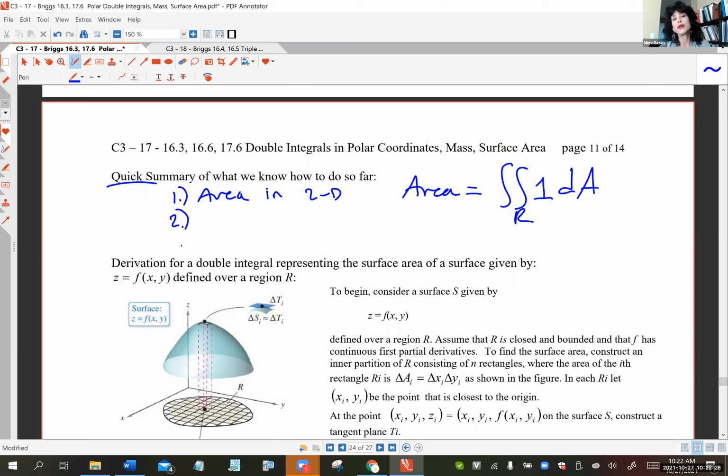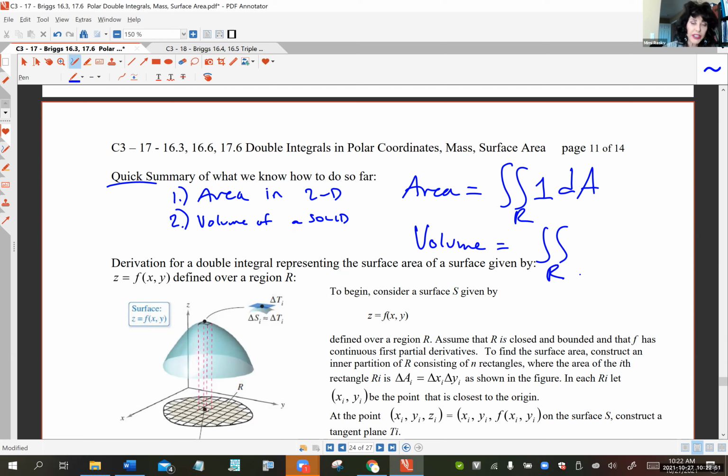So what's another thing we can use a double integral for? Volume of a solid. So how do you know you're using a double integral to represent volume? Well, your volume is going to be your double integral. And there's a couple ways that you can do this, all right?